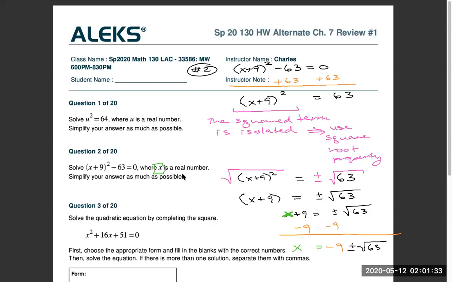Take a picture if you need it. I am going to erase the majority of this now. Okay, so I'm going to erase all this stuff up here.